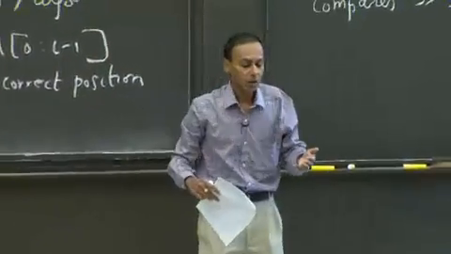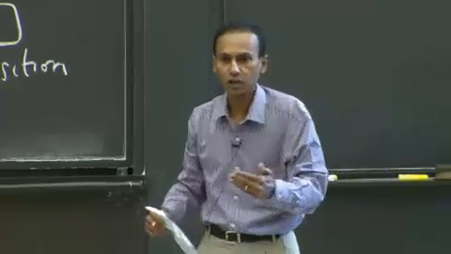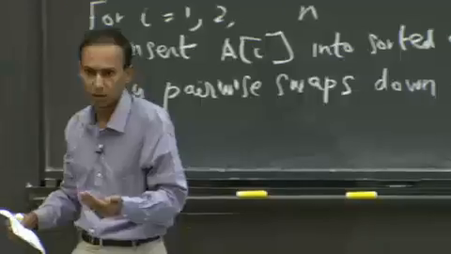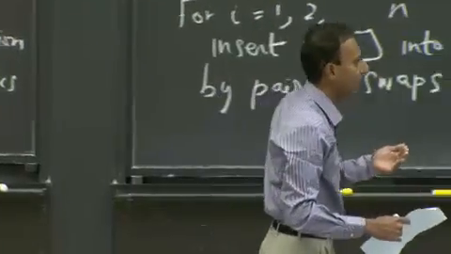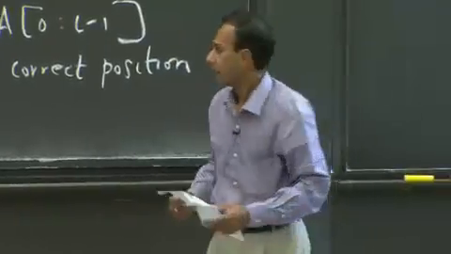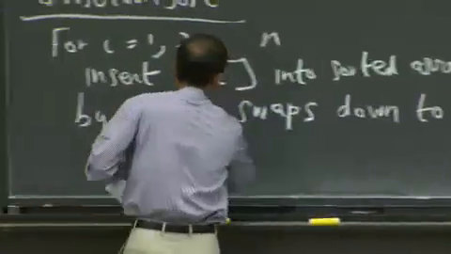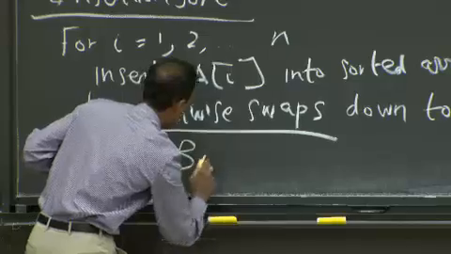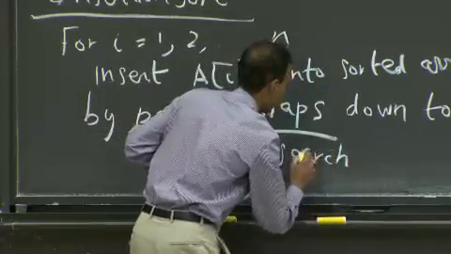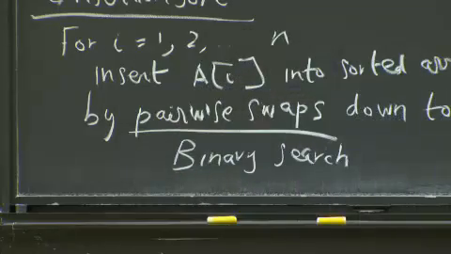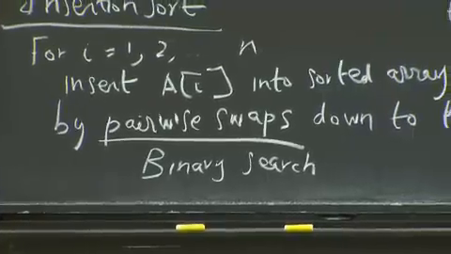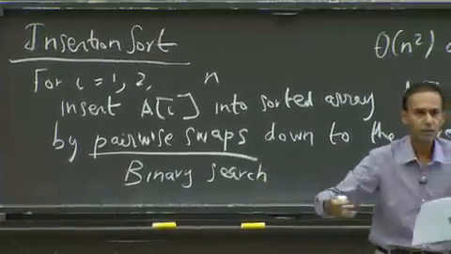Okay, and so you can take insertion sort and trivially turn it into a theta n log n algorithm if you're talking about n being the number of compares. And all you have to do is say, you know what, I'm going to replace this with binary search. And that was the key observation, because a of 0 through i minus 1 is already sorted, right?